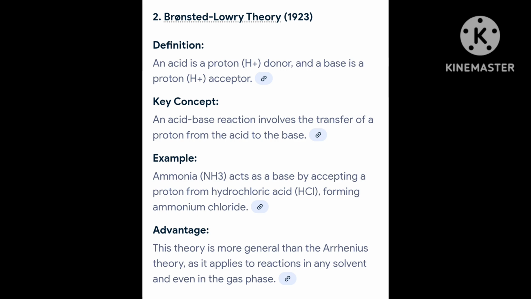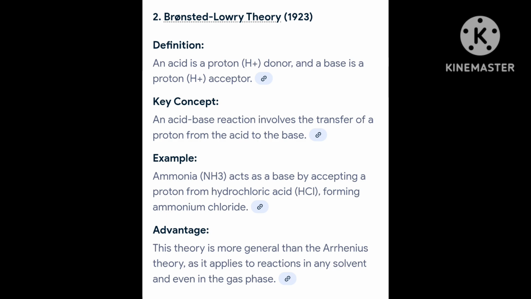The advantage is that this theory is more general than the Arrhenius theory, as it applies to reactions in any solvent and even in the gas phase. H+ donor is the acid, H+ acceptor is the base: HCl and NH3.